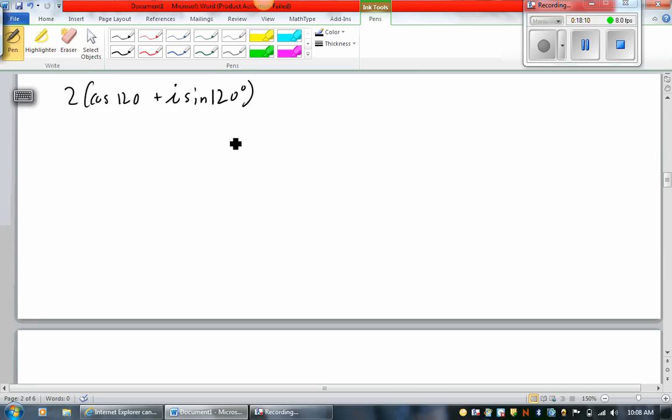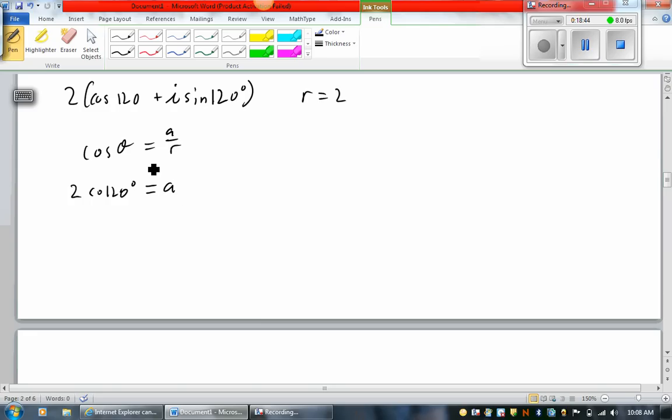So notice, we know what our r is. We know our r equals 2. And then we also have to remember here, our original formula, cos theta equals a over r. We know cos theta is cosine of 120 degrees. We know our r, I'm going to bring this over to this side, is 2. We know that equals a.